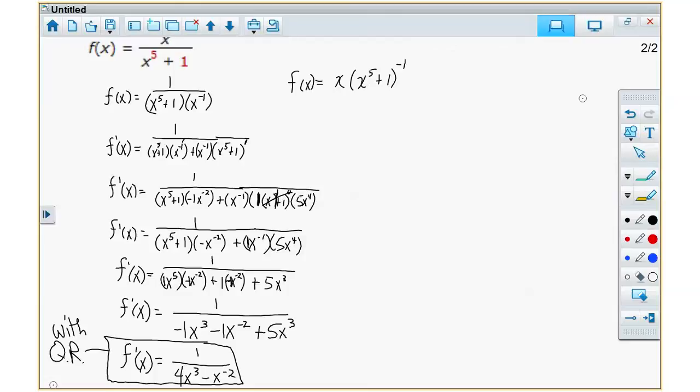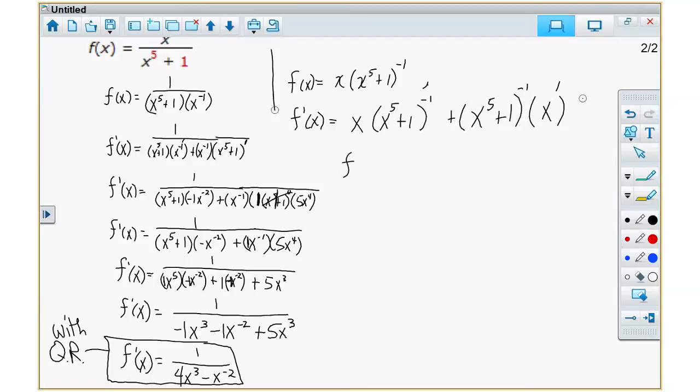Here, first times the derivative of the second plus the second times the derivative of the first. I'll do that one for you. All right, so that's f prime of x.